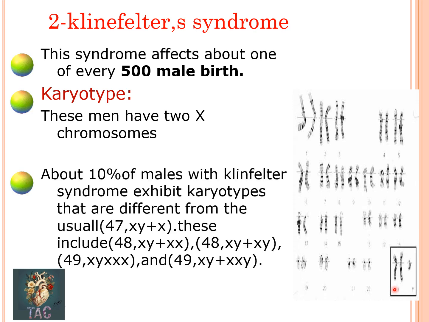About 10% of males with Klinefelter syndrome exhibit karyotypes that are different from the usual, which is 47XY plus X, an extra copy of X. But there are other conditions in which 2 extra copies of X chromosomes may be present, that is 48XY plus XX, or 48XY plus XY, two extra copies, one X as well as one Y chromosome.